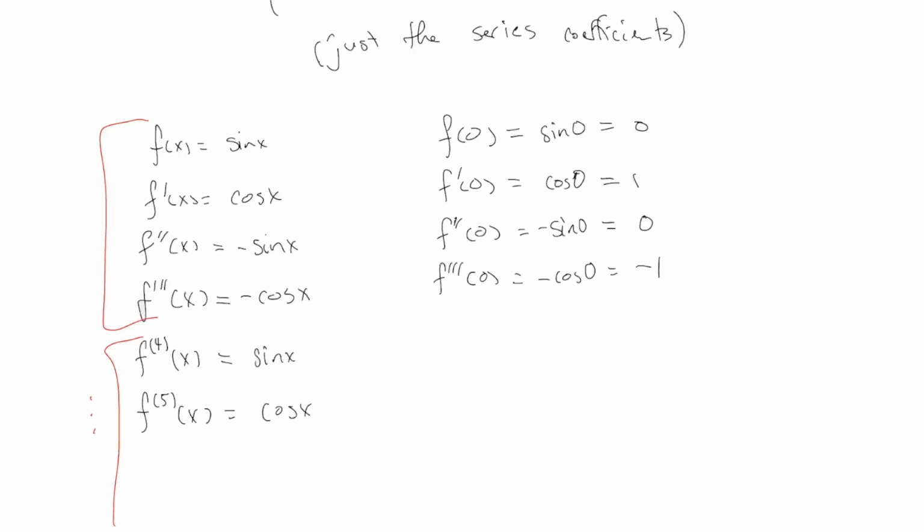And those four numbers will repeat again for the next four derivatives. So the pattern here of these numbers is 0, 1, 0, minus 1, and then it'll repeat again, 0, 1, 0, minus 1, etc. Again, there's sort of this pattern of four things in a cycle.